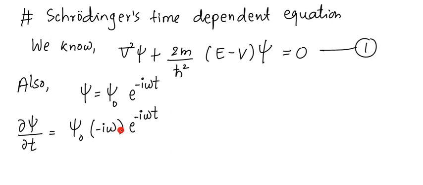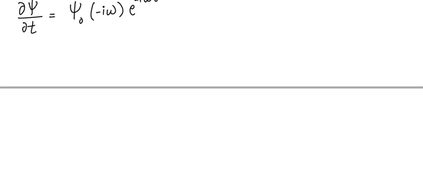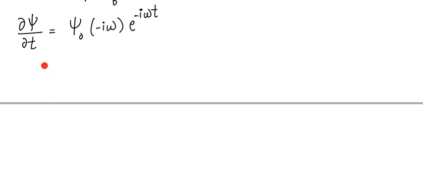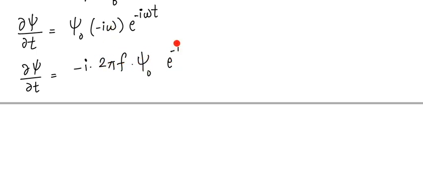This is the first derivative. In place of omega, I just write 2 pi f, so del psi by del t is equal to minus i 2 pi f psi naught e to the power minus i omega t.